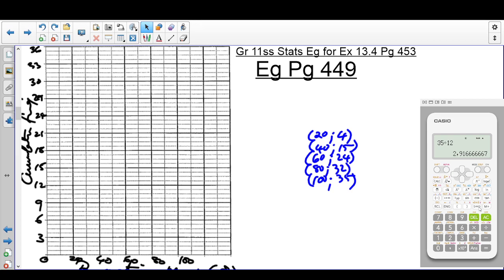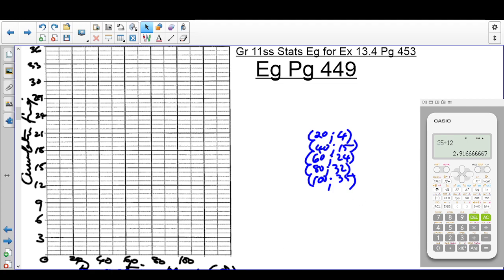Of course, that gives us 3. We're not going to work with decimals when it comes to your spacings here. We always make it a bit bigger than what is given by the calculation so that it can fit into the graph here.